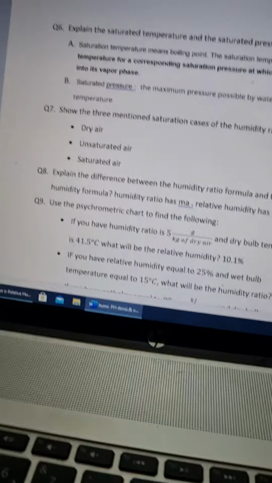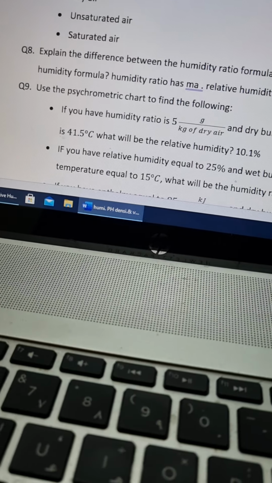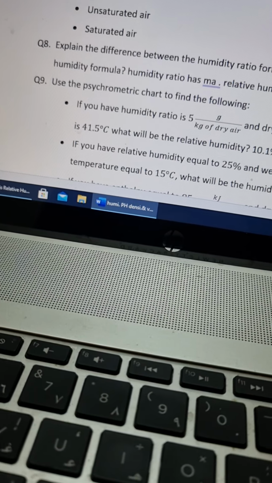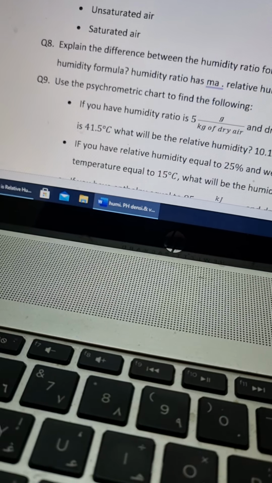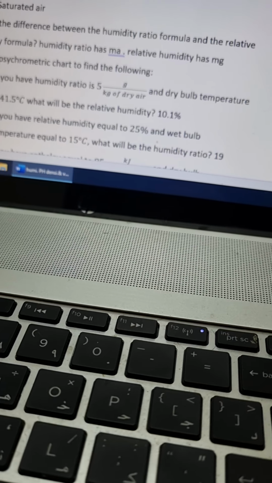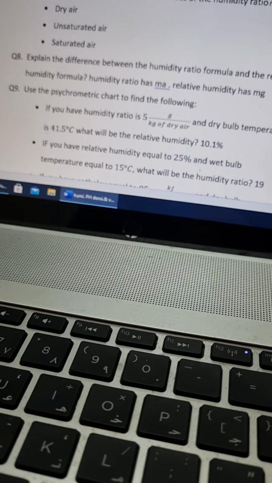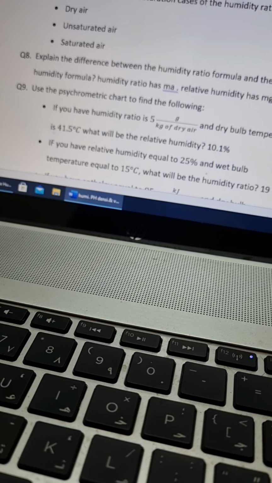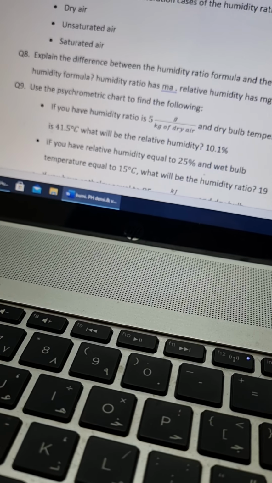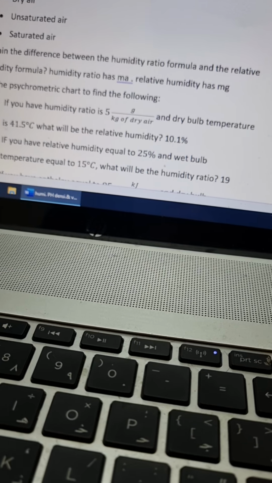Okay, explain the difference between the humidity ratio formula and the relative humidity formula. Okay, you have MA, mass of air, and for the relative humidity, mg.